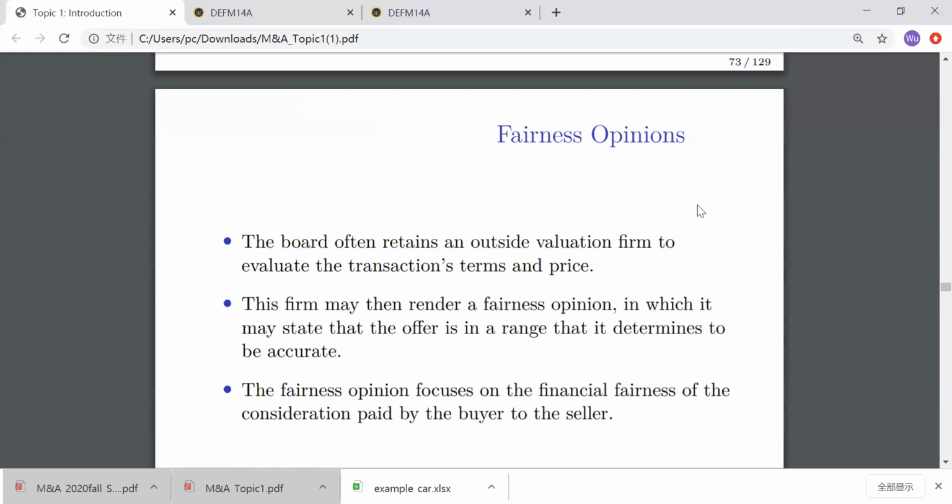They will make sure that the acquirer is paying a fair price to the target. Right? But in reality, you can see this is just not very useful, right? Because if the fairness opinion is really useful, why do we see many firms still overpay for the target? So it's not really useful from the perspective of investors.